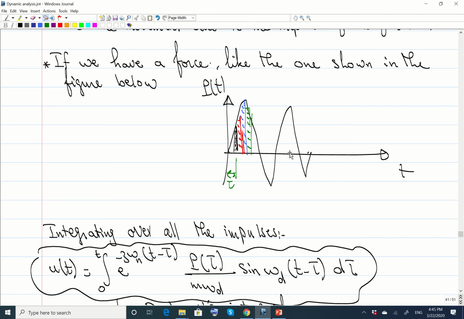I'm giving you this force as a function of time. I want to find the displacement at time 10 seconds. The displacement at 10 seconds will be caused by the forces all the way from 0 to 10 seconds. The force applied at the 11th second is not going to have any effect on the displacement at 10 seconds. I hope you understand this.